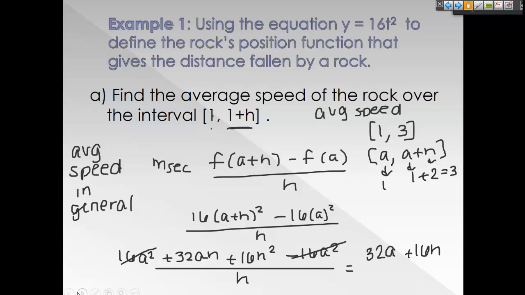If they give you actual numbers, it's way easier to plug in actual numbers than to get it in general. Yes, well, I guess it'd be beneficial if we had, like, number 7 on the homework.